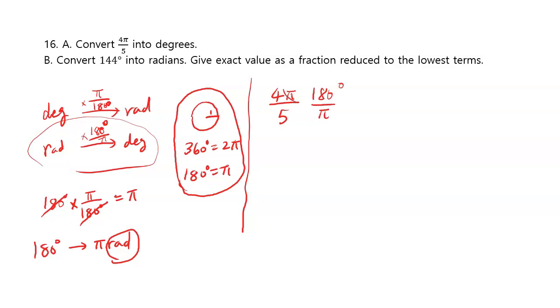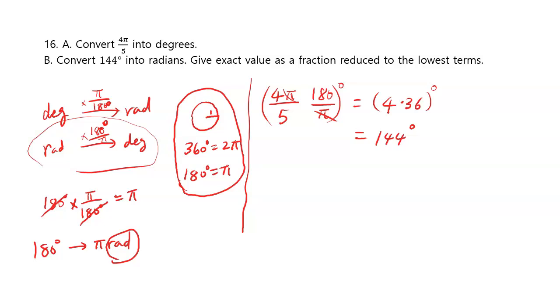And pi cancels, right? And then 180 divided by 5, I believe, is 36. It's 4 times 36, and 4 times 36 is 144. And it's beautiful because there's a degree symbol, so at the end of the day you end up with a degree symbol, so that's good.